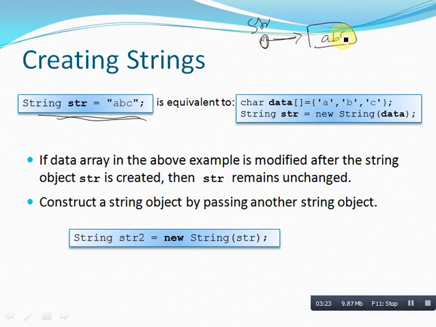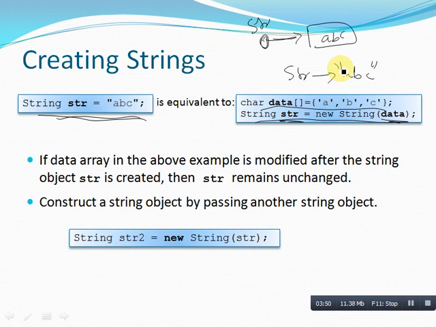Or you can create an array of characters abc and use that array of characters while creating the string object. Okay, so str again holds the same data, the value abc in the memory.